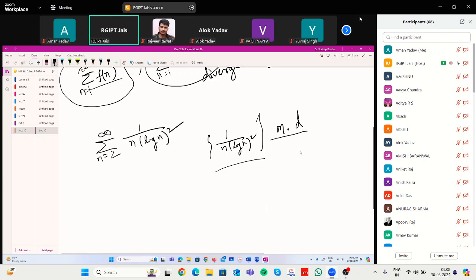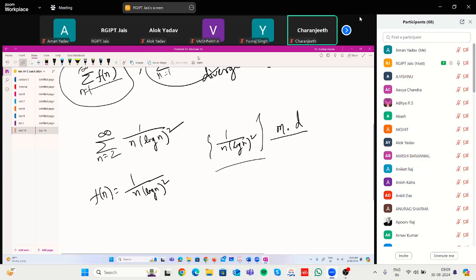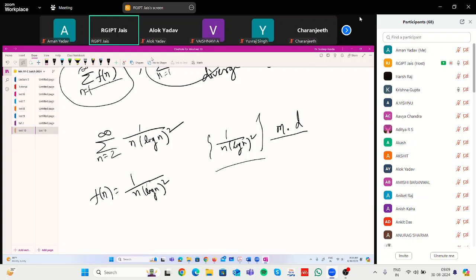So here f of n is 1 by n (log n) square. Is this sequence monotonically decreasing? Yes.